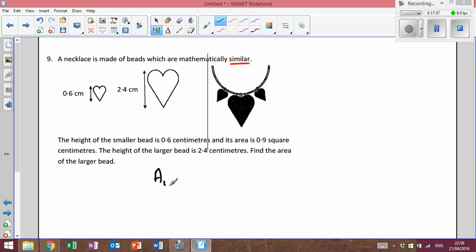So the area of the larger one. Well, a scale factor, I know if I'm making it bigger, I want the bigger number on top. I'm doing the area, so I need to square that scale factor because area gets bigger in two different dimensions. And I'm multiplying that by the smaller area, which is 0.9. Okay, so again, calculator.